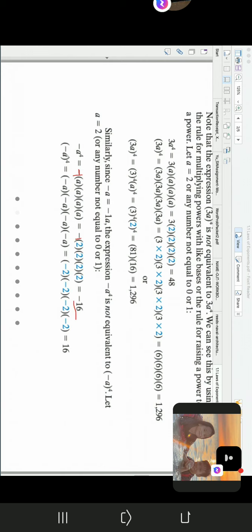While here, negative a raised to 4 is four negative a's: negative a times negative a times negative a times negative a. Substituting a by 2, that becomes negative 2 times negative 2 times negative 2 times negative 2. Since this is positive 4, and this is also positive 4, that is positive 16. So they are different: one is negative, the other is positive 16.